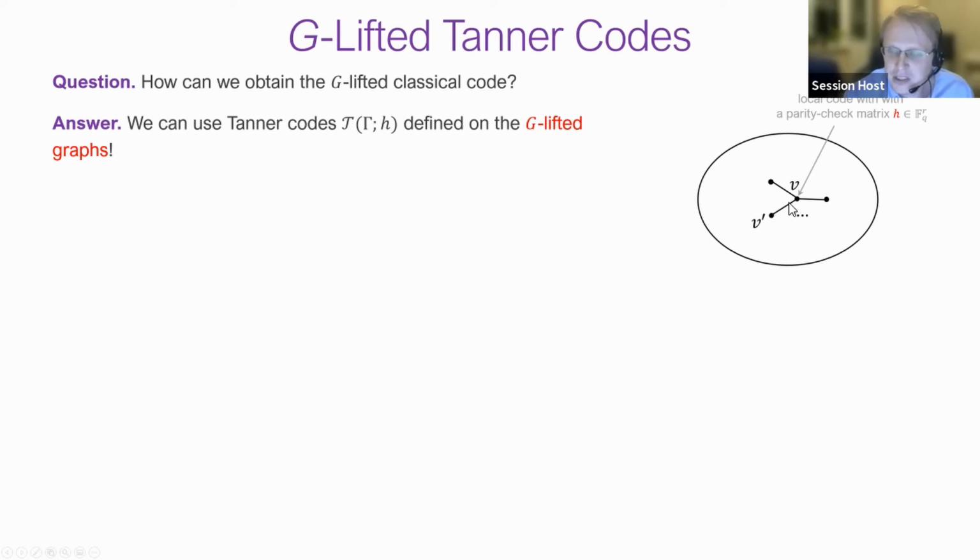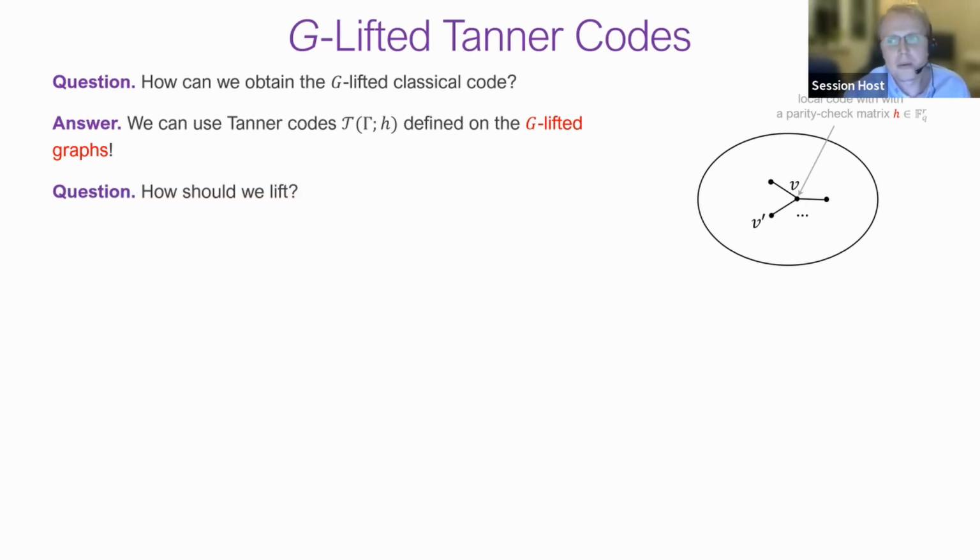We have bits on the edges, and we have checks on the vertices, and each vertex corresponds to some parity check matrix H, and this parity check matrix defines some local code. This is what is called a Tanner code.